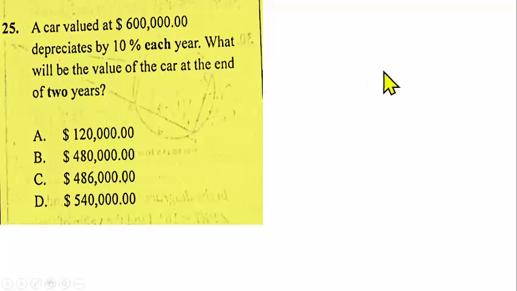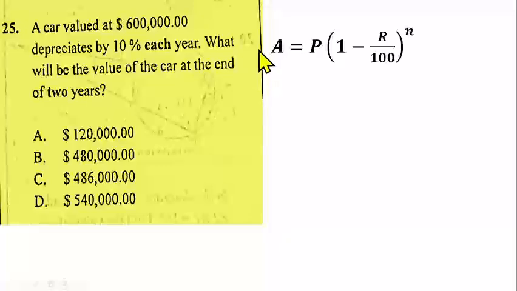But instead of using plus, you'll be having minus. So that means the amount of the car after depreciation will be P multiplied by 1 minus rate over 100, raised to power n.